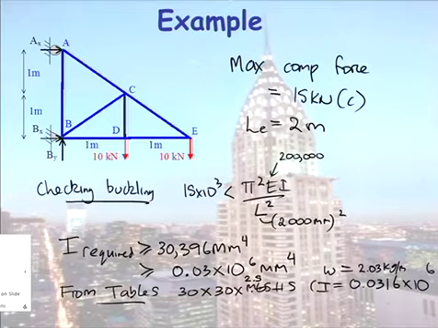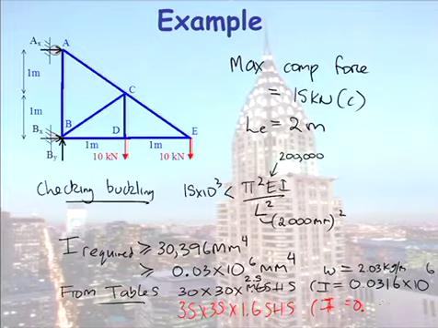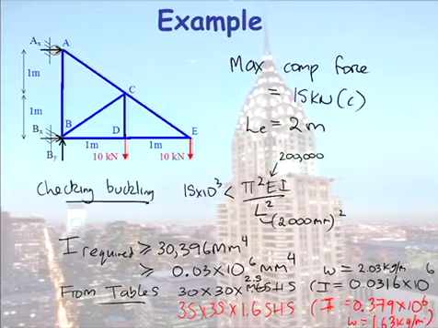However, if we now look further at the tables, we will see that a 35 by 35 by 1.6 square hollow section has an I value equal to 0.0379, but weighs less. It weighs 1.63 kilograms per metre. So what's the most efficient section? It would be your 35 by 35.